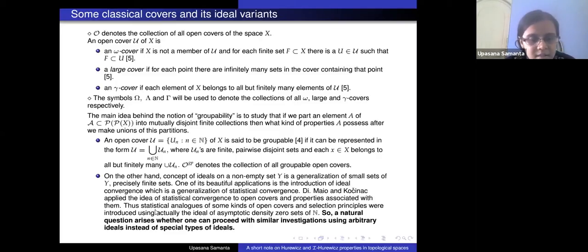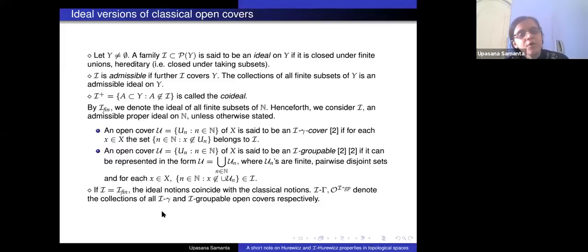Thus, the statistical analogues of some kinds of open covers and selection principles were introduced using the ideal of asymptotic density zero sets. So, here a natural question arises whether one can proceed with similar investigations using arbitrary ideals instead of special types of ideals. So before going into our results, let us recall what we mean by an ideal.